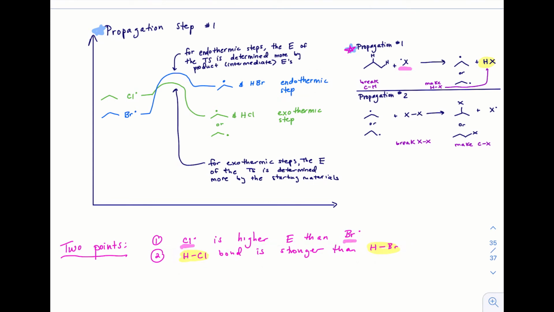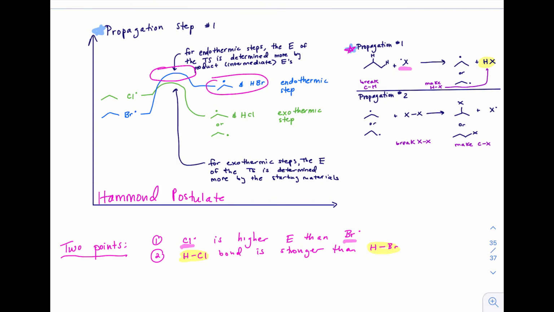All right, make sure you have that part. Now, it's important to apply a fundamental postulate of kinetics, which is the Hammond postulate. The Hammond postulate states that for endothermic elementary steps, the energy of the transition state depends on the energies of the products of that step.